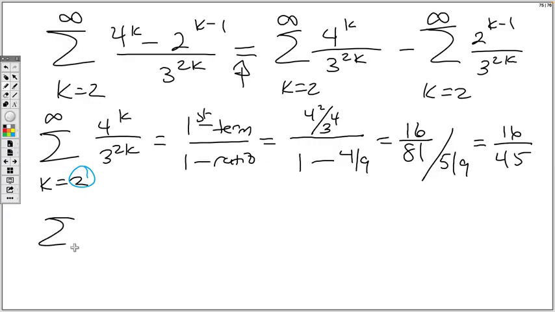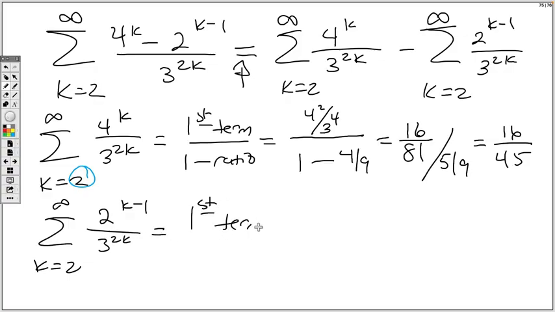Let's look at the second one. K goes from 2 to infinity of 2 to the k minus 1 over 3 to the 2k. Once again, this converges to the first term over 1 minus the common ratio. The first term here, once again, k starts at 2. So 2 to the 2 minus 1, it's going to be 2 to the first over 3 to the fourth again.